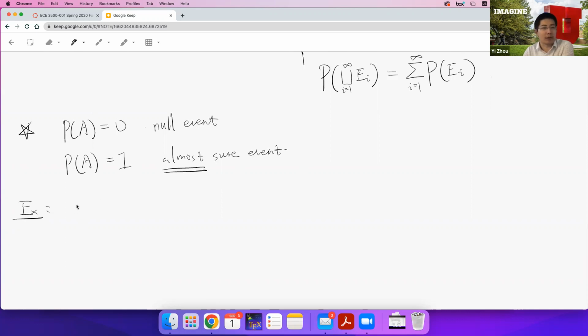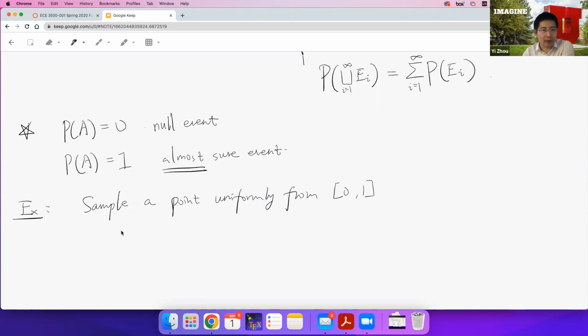So the example is that we sample a point uniformly from this interval.